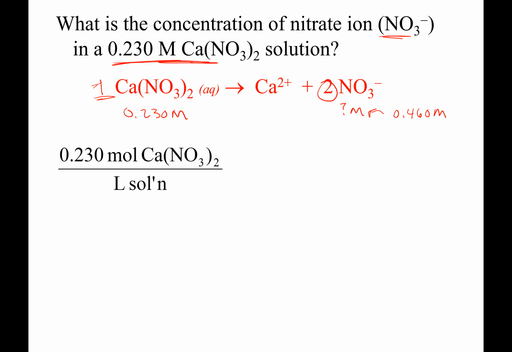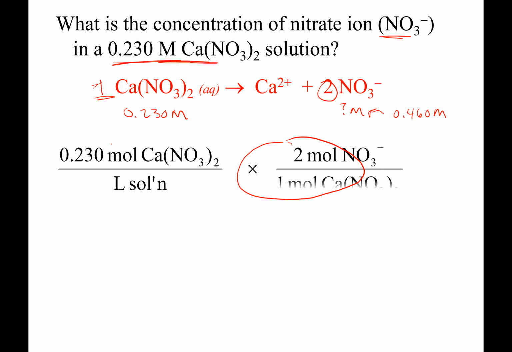But we can actually show our work this way, using the stoichiometric coefficients from a balanced equation to make a stoichiometric ratio. If you make your first term what's dissolved, and your next term the fact that you get 2 moles of NO3 for every 1 mole of calcium nitrate that you dissolve, notice that moles of the salt, calcium nitrate, will cancel.